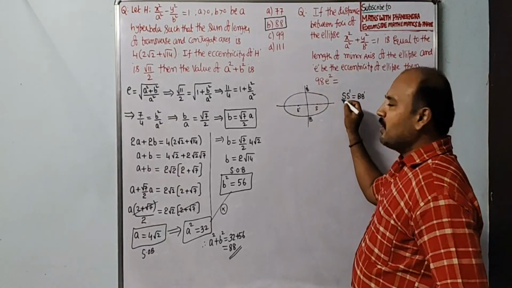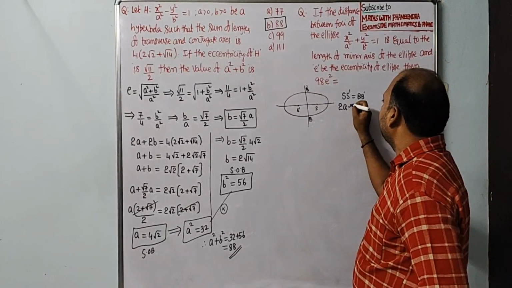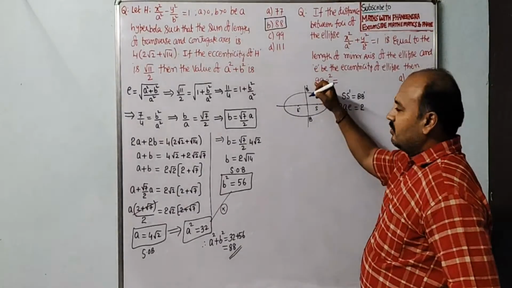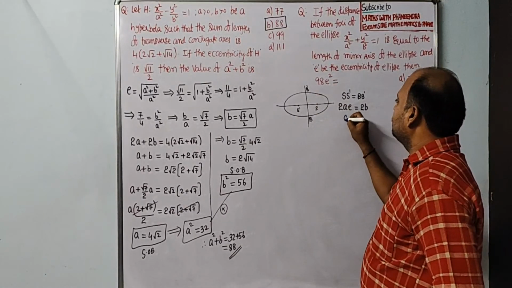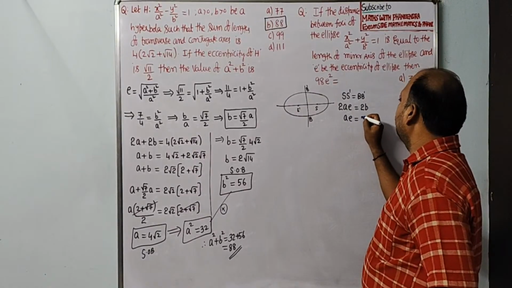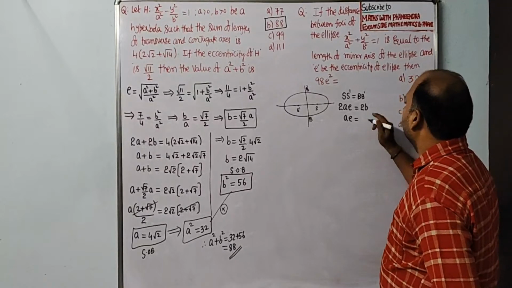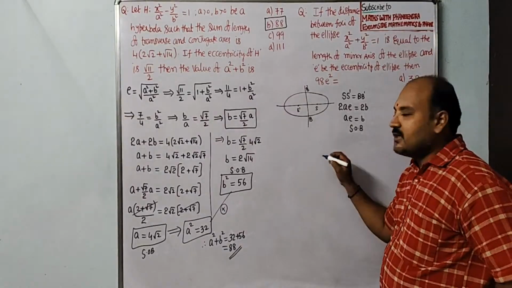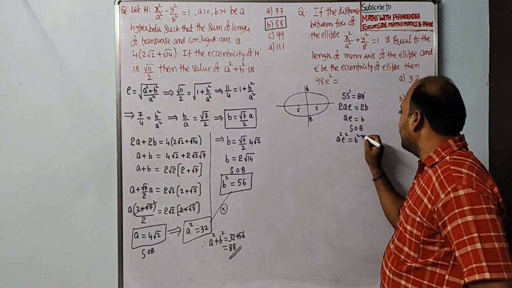So what is the formula for S S dash? Distance between foci is 2AE, which is equal to the distance between B and B dash, meaning the length of minor axis is 2B. So AE is equal to B. Squaring on both sides, you will get A square E square is equal to B square.